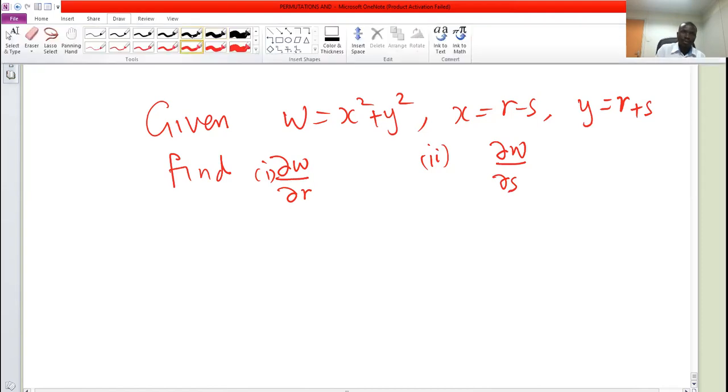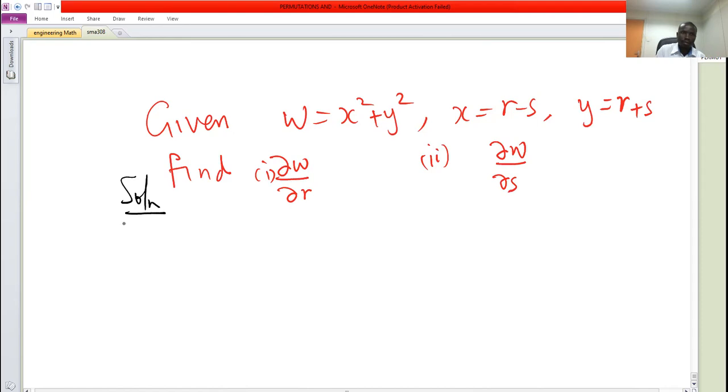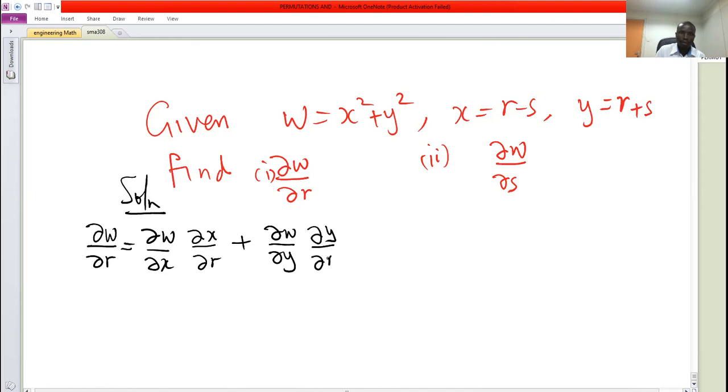So the first thing is to write the formula. ∂w/∂r will be ∂w/∂x times ∂x/∂r plus ∂w/∂y times ∂y/∂r. So ∂w/∂x is 2x. ∂x/∂r is 1. ∂w/∂y is 2y. ∂y/∂r is given by 1.